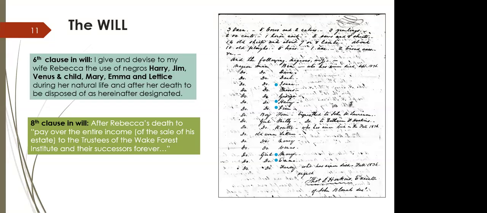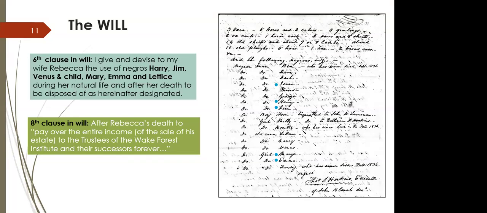So you can see that it starts off with his cattle and his farm equipment and all that kind of stuff, and even some axes and tools and plows and things. And then it says, and the following Negroes, and there are 17 Negroes who are named. So we only have 7 that he says are left to his wife, Rebecca, but there's 17 in all.